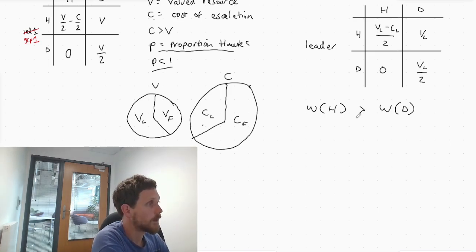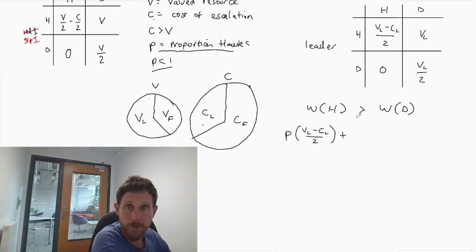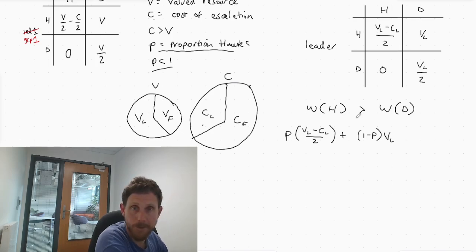So our leader hawk on this side of the inequality is going to meet a hawk P proportion of the time. So P times (VL minus CL) over 2, and then the other 1 minus P proportion of the time, they get the full reward, so (1 minus P) times VL.